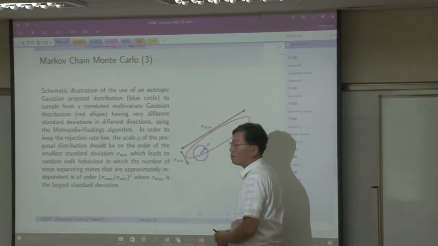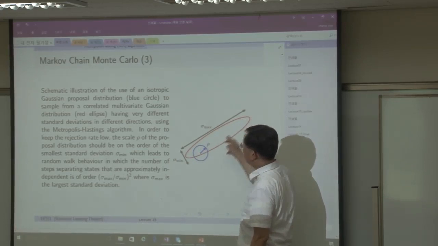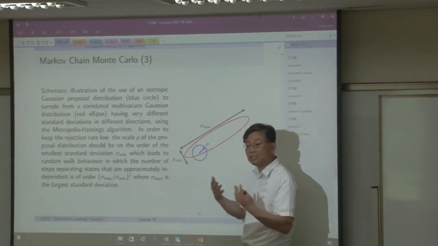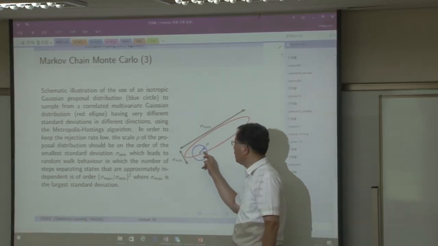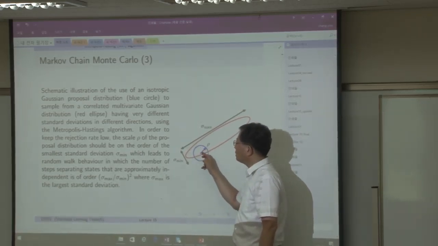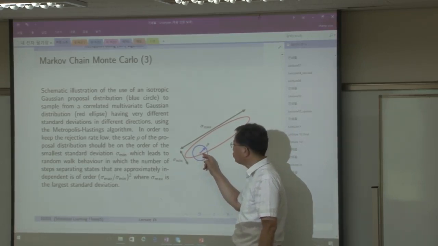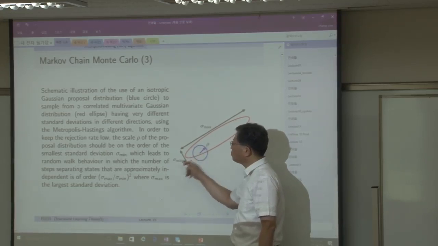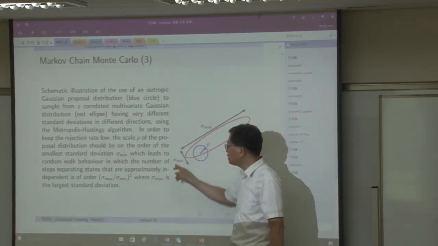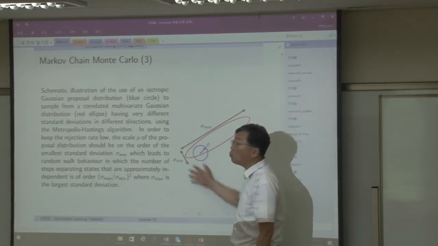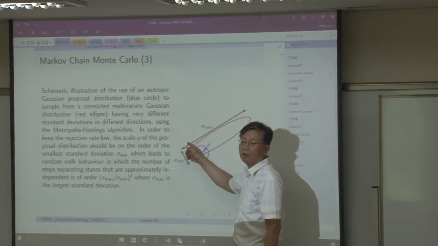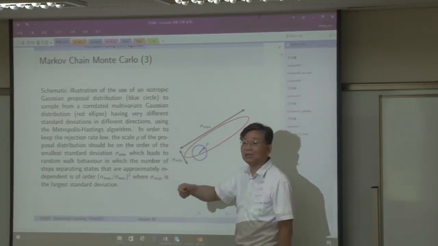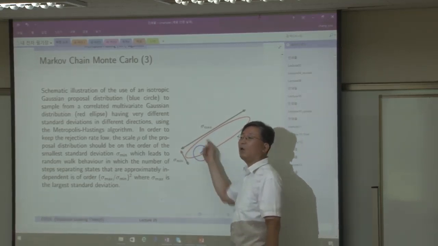So this represents the distribution that I want to take samples from. This is the proposal distribution. The standard deviation of the proposal distribution is smaller than sigma min. Otherwise, if I had a big one, what would happen? I'm always rejecting, because I'll be outside of this.